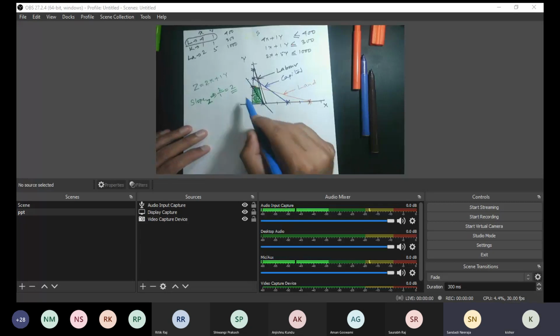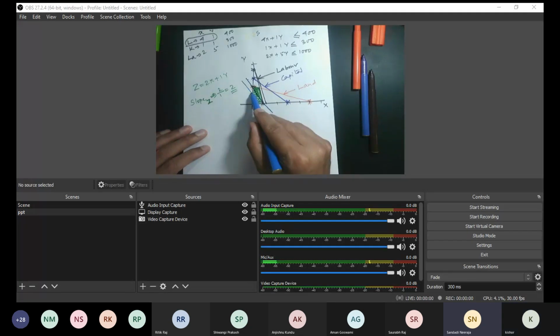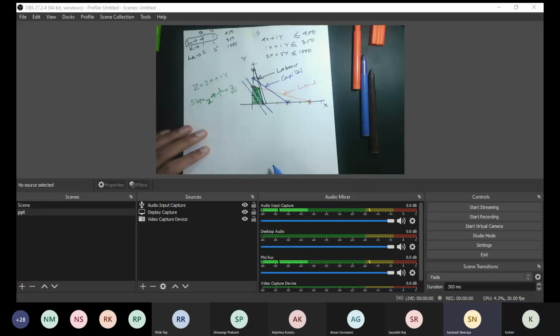Similar to this one, you can draw maybe n number of lines, but parallel to each other. These are the lines maintaining a slope of 2. Okay? Parallelly. This is the second step.